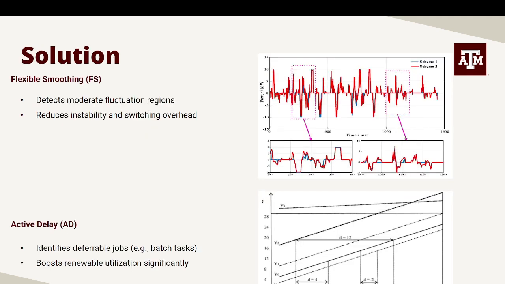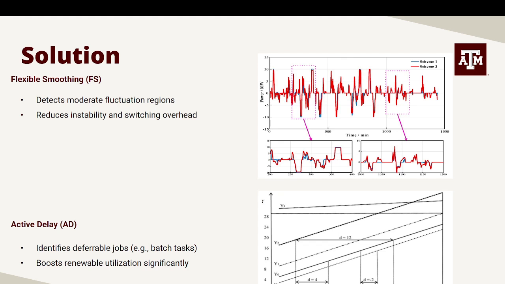What is the solution? Smoother provides two complementary techniques to solve these challenges. The first is flexible smoothing, commonly referred to as FS in the paper, which works in moderately fluctuating regions. It predicts and reduces volatility by optimizing battery usage, essentially charging and discharging to smooth out power spikes.